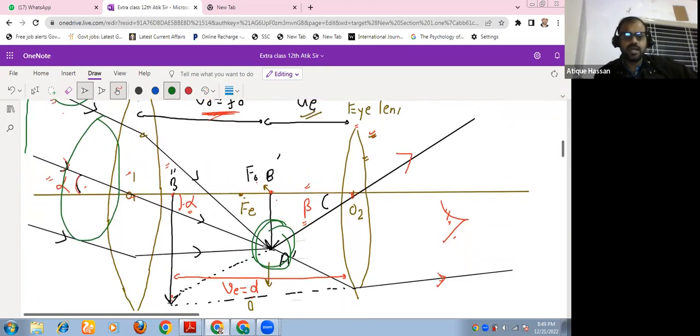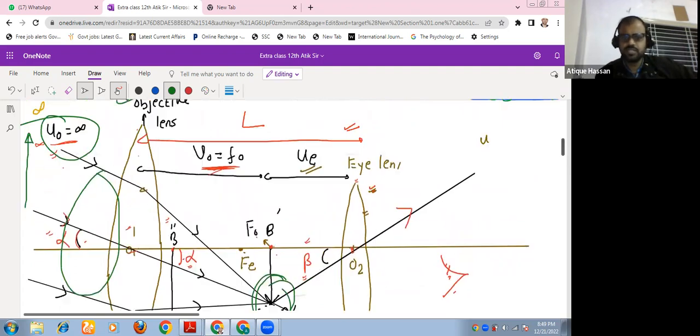So now what will happen, when the object distance is infinity, the image formed by a lens is at its focal length. So the image distance will be equal to the focal length of the objective, that is f naught. So all of you understand why we have taken v naught equal to f naught? Anyone having doubt, please ask.